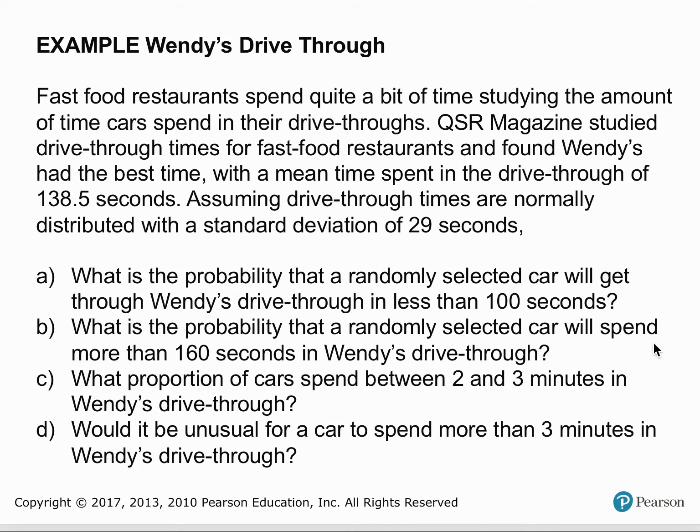All right, so remember, to help us with an understanding of this, you might want to always draw your graph. So let's see, I'm looking for the mean, 138.5. And then if we add 29, we get 167.5.